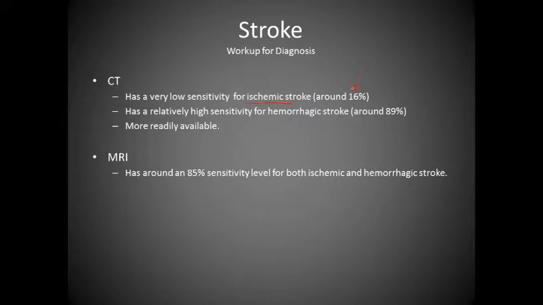Bad news is that if you're in a facility that does not have MR and you have a patient that comes in for suspected ischemic stroke and they're a high probability patient for an ischemic stroke, only about 16% of the time are you going to be able to find that ischemic stroke.